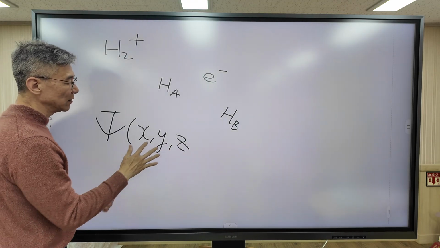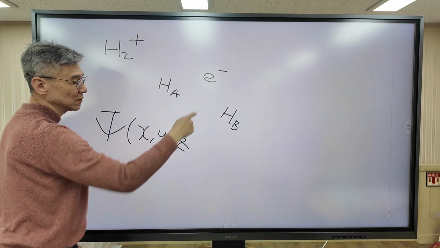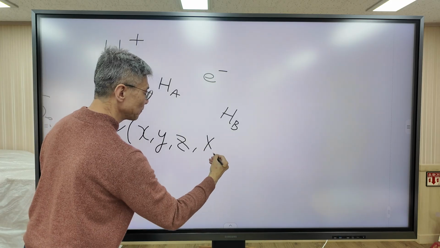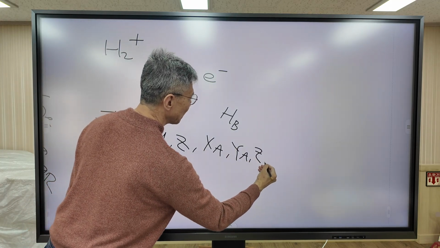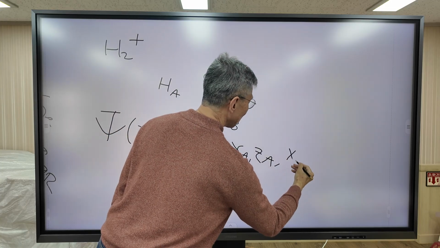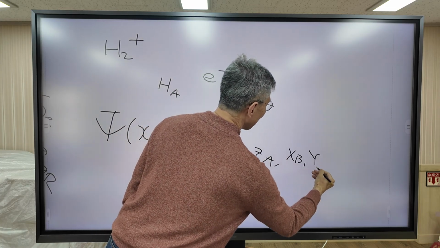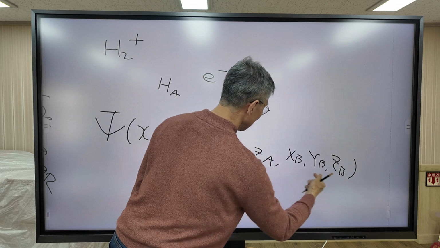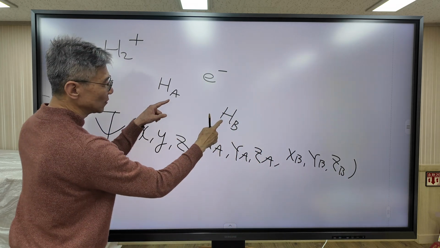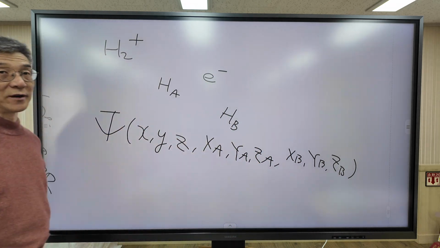These 3 coordinates refer to the coordinates of the electron, and these 6 coordinates refer to the coordinates of the nuclei.